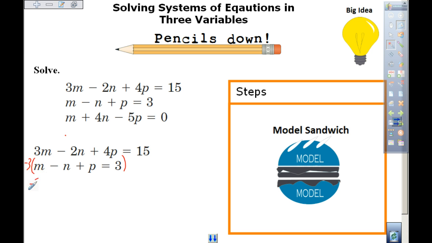So I have negative 3m. Negative 3 times there is positive 3n. Negative 3 times here, negative 3p. And all the way over, it's negative 9.